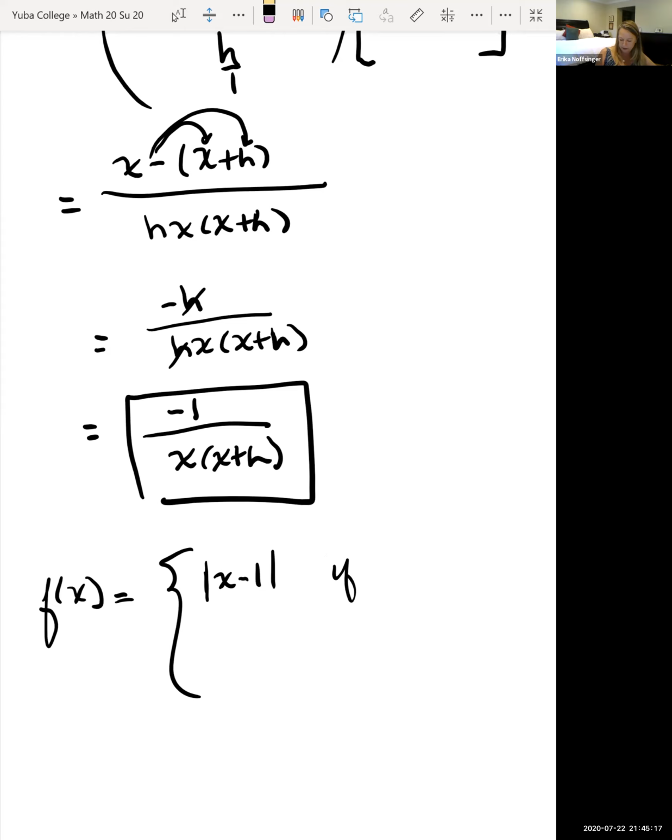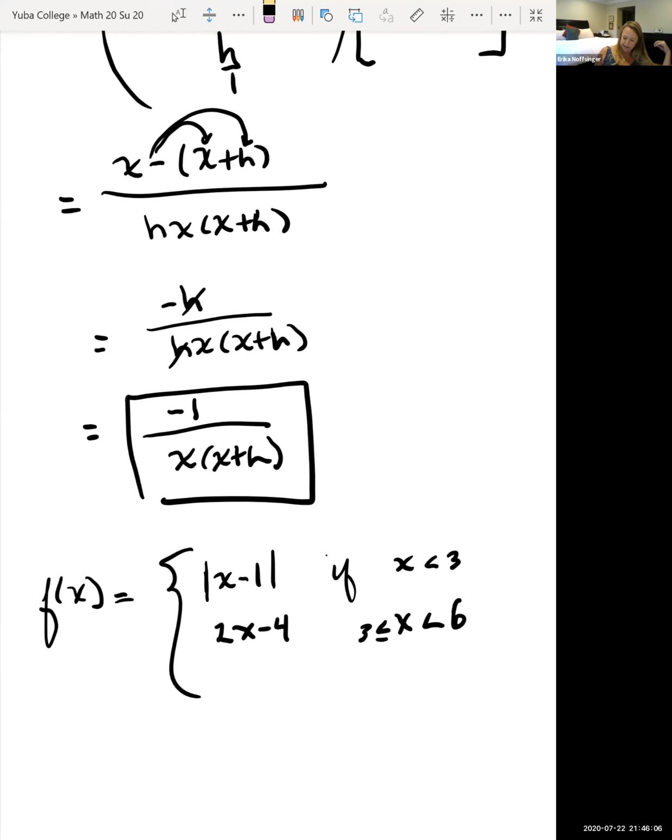if x is less than 3. And let's say you had 2x minus 4 if x is bigger than or equal to 3, but smaller than, I don't know, 6.